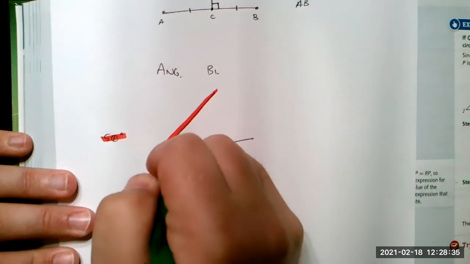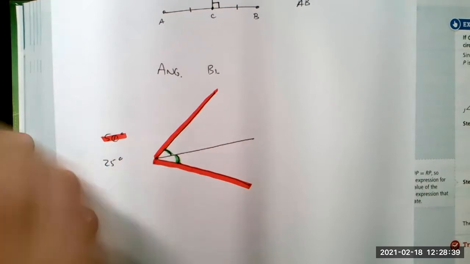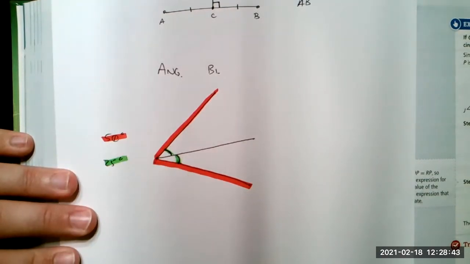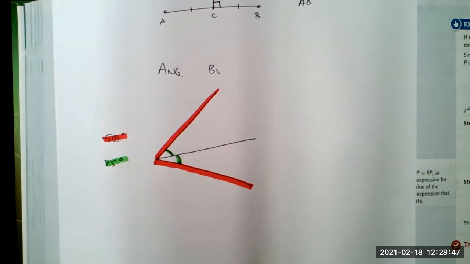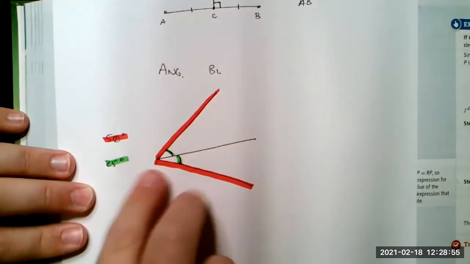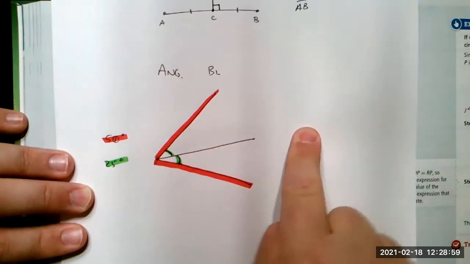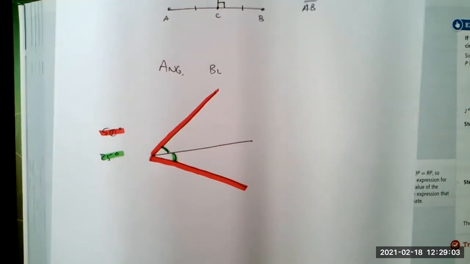Got some Christmas colors going on here, which means that each of those smaller angles are 25 degrees. Okay, that's the big idea. And again, an angle bisector is not just drawn randomly like I did. If I had a compass, I'd show you, but you could actually construct the angle bisector. You'd get 2 points, you'd connect the dots, and it would go straight through that angle and cut that in half perfectly. Okay.